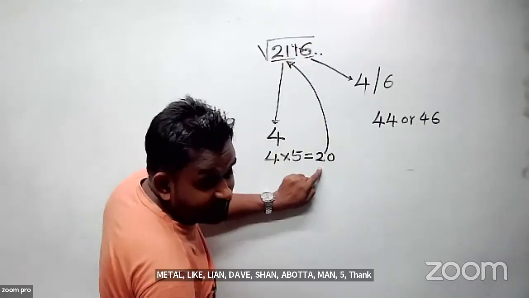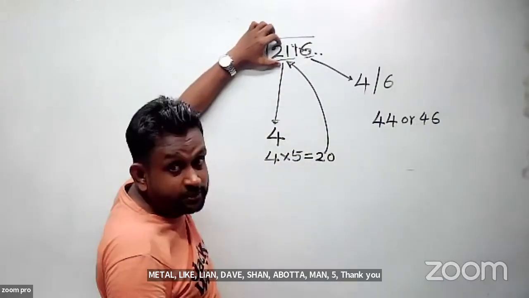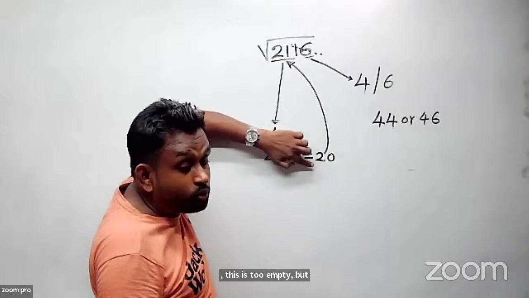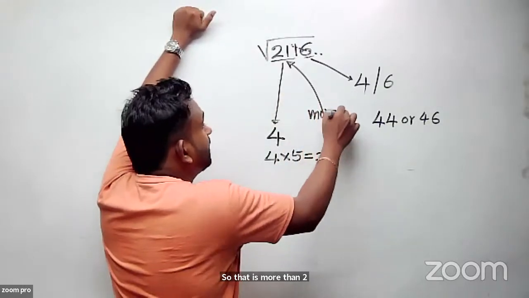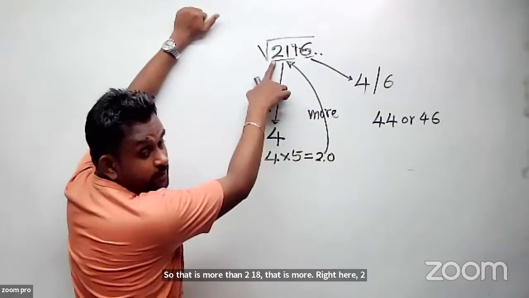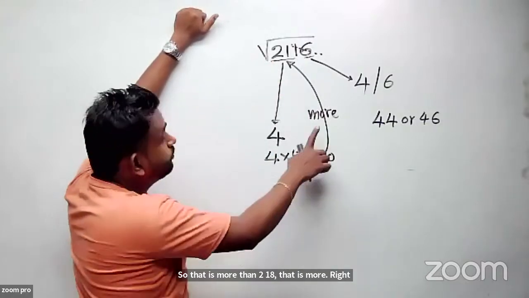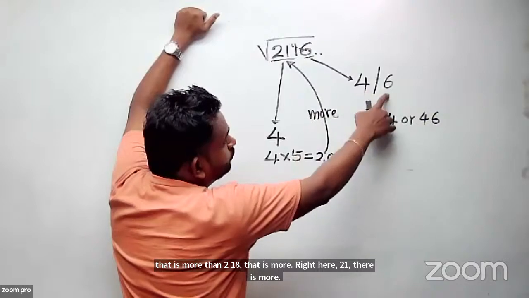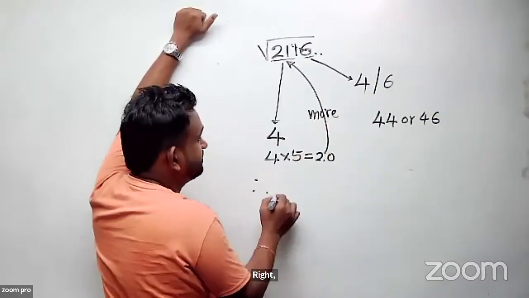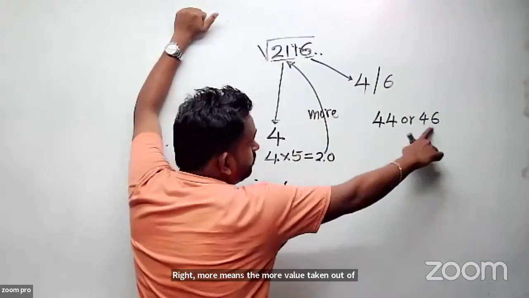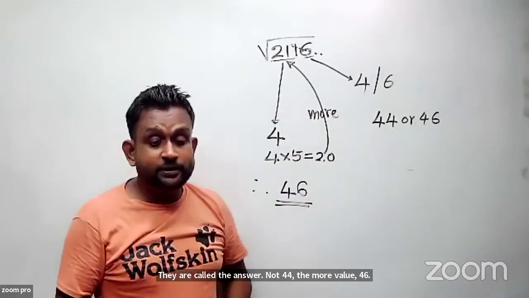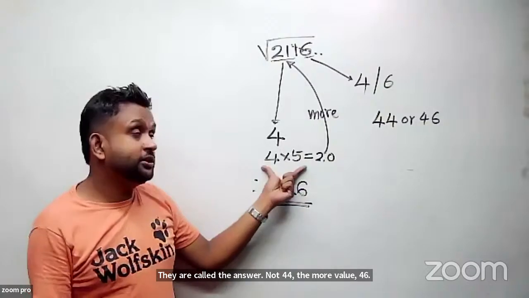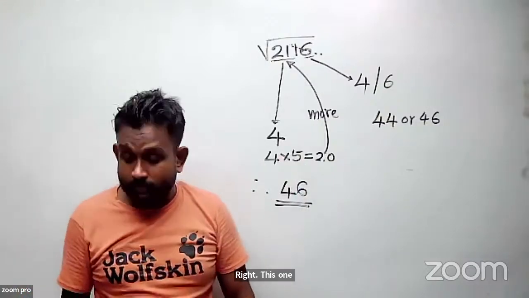This is 20, but here the remaining value is 21. So that is more than 20, right? That is more. More means we take the more value out of 4 and 6. Therefore the answer is not 44, the more value, 46. Right. Clear, Ganapati? Write down. This one you can do with your mind.